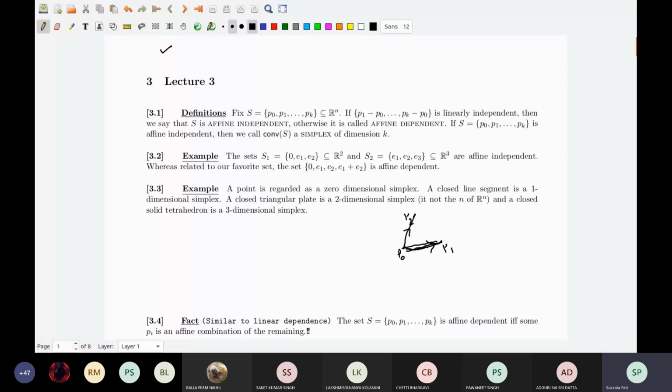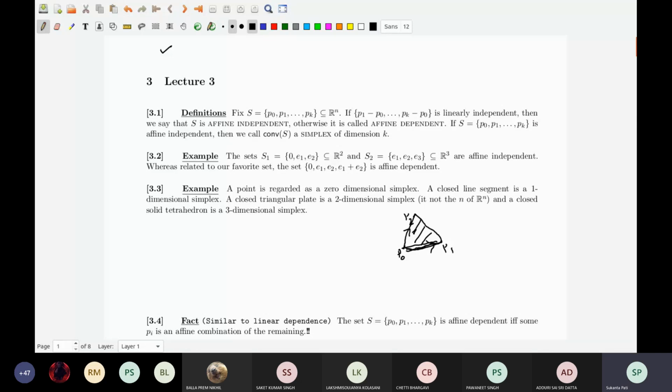So that is what it is saying. In that case, P0, P1, and P2 are affinely independent, because P1 minus P0 and P2 minus P0 are linearly independent. And when that happens, the convex hull of these 3 points is called a simplex of dimension 2.